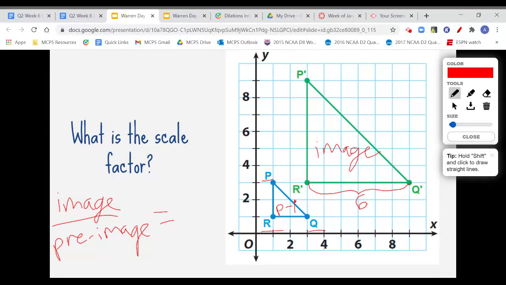Okay, and then I'm finding the length of the corresponding side on the other triangle, on the pre-image. So this time not RQ prime, but just RQ. And that side right there looks to be 2 units long. So if I have a side on the image that is 6, corresponding with a side on the pre-image that's 2, my scale factor is 6 divided by 2, or in other words, my scale factor is 3.